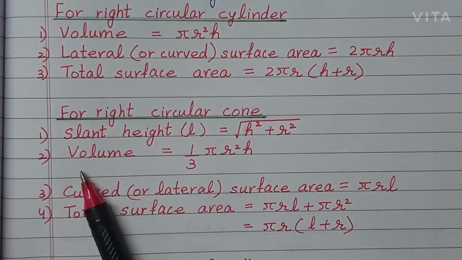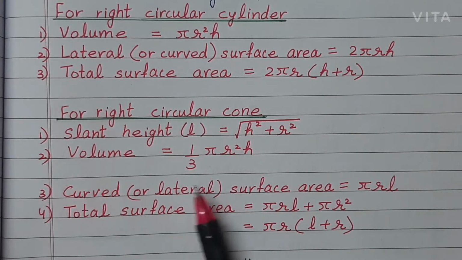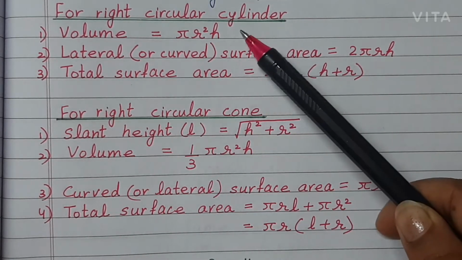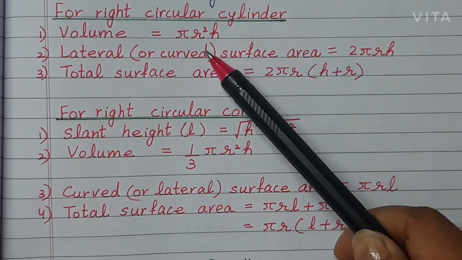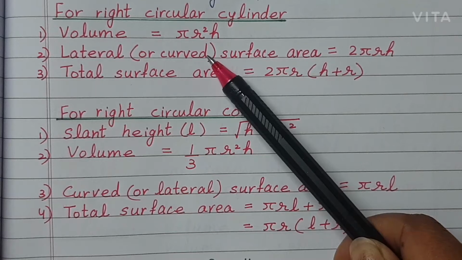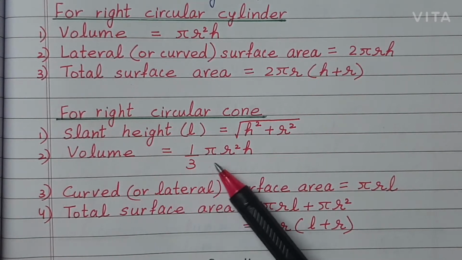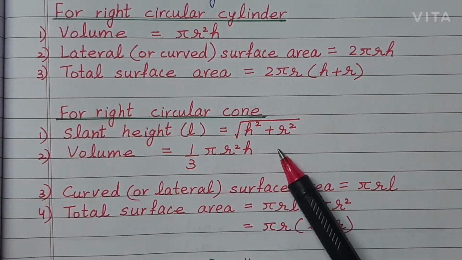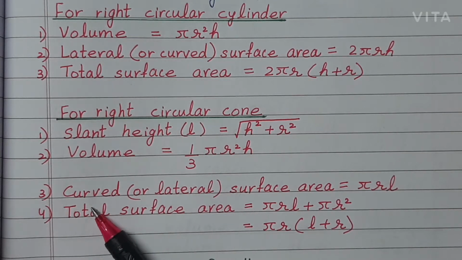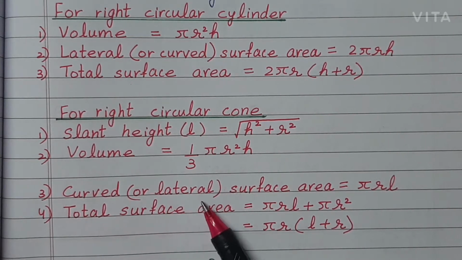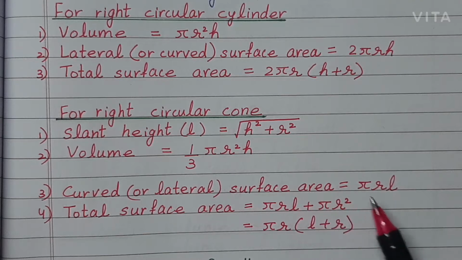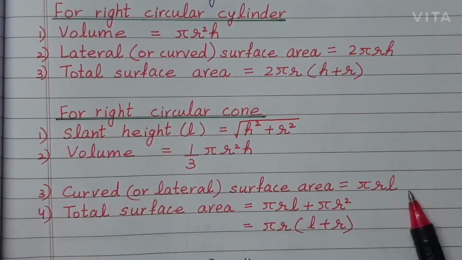The volume of a cone is actually one-third of the volume of a cylinder. See, volume of cylinder is pi r square h and volume of cone is 1/3 pi r square h. Clear?